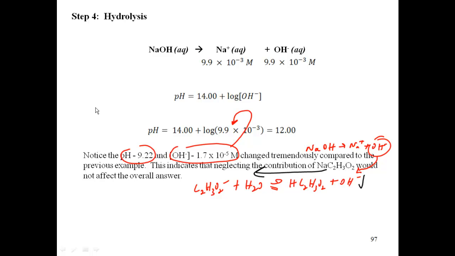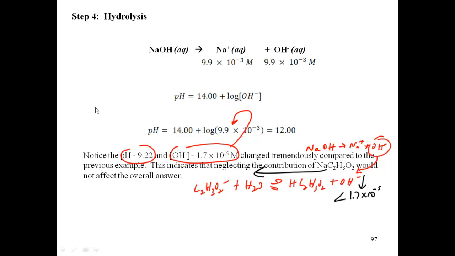That means the concentration of OH from this equilibrium is going to be even less. So the amount of OH coming from this equilibrium is going to be less than 1.7 times 10 to the negative 5th. So it's going to be even worse than what it looks like here.